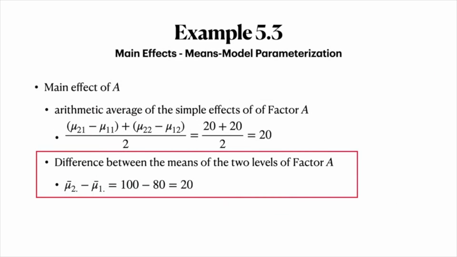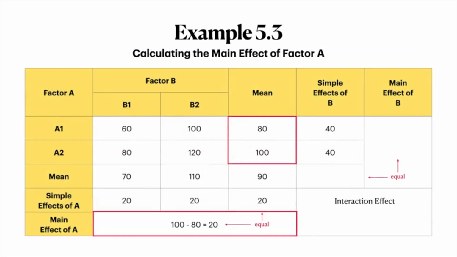Next, we will calculate the main effect of A as the difference between the means of the two levels of factor A. That's given by mu bar 2 dot minus mu bar 1 dot. We calculated those, and they were found to be 100 and 80 respectively. And so the difference is 20. In the context of the table, this is where we're going to put the result, in that last row.